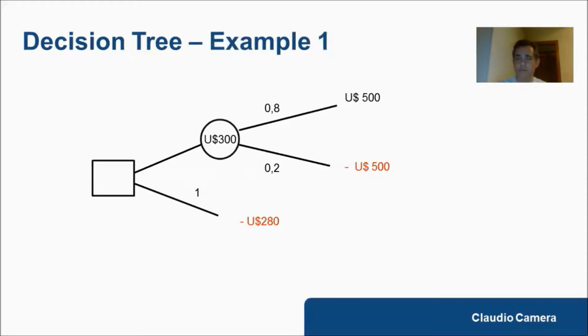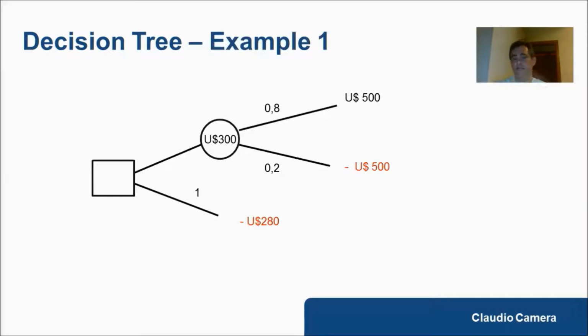Sum up in this term, 400 positive with 100 negative, you get the outcome of 300 positive. And here is where you're going to make your decision, between expected values, that's why it's called expected value analysis.